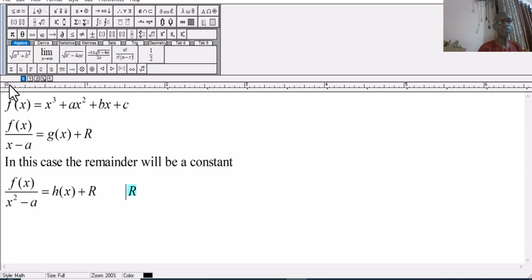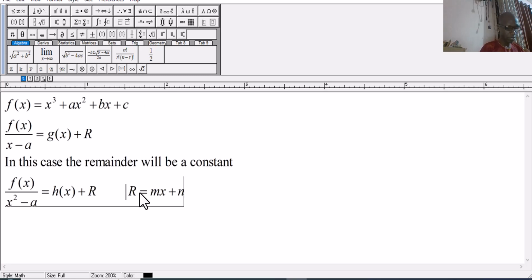So we have something of this nature, mx plus n. So we need to take note that each time we are given a polynomial to divide by a divisor, the remainder will always be a degree less than that of the divisor. So take note of that.